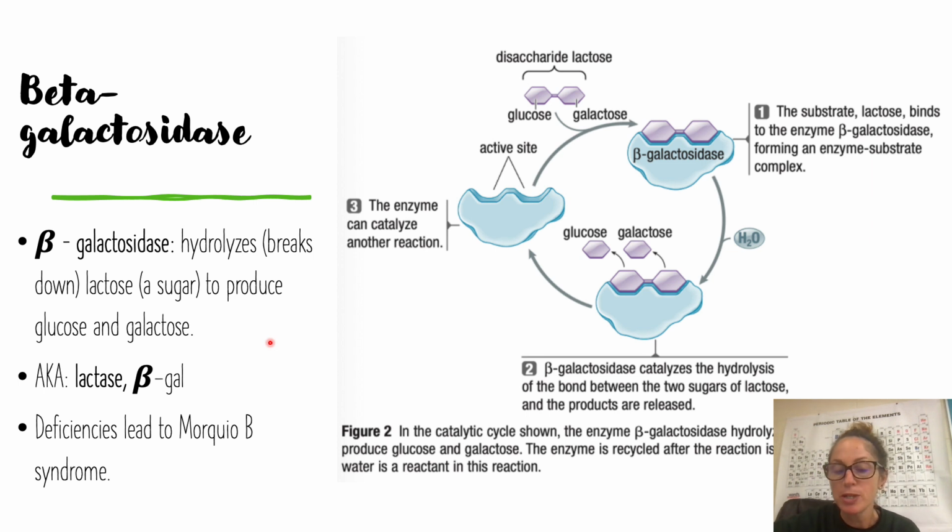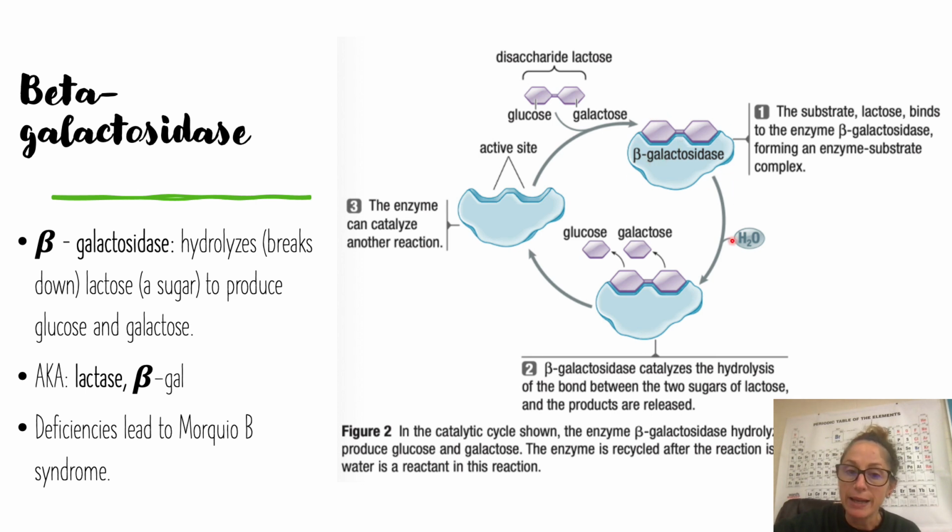So lactose is going to be broken down by beta-gal, and let's look here. We have beta-galactosidase, beta-gal, and it binds lactose. It's shown here as two subunits because lactose is made out of glucose and galactose. This is the enzyme substrate complex here.